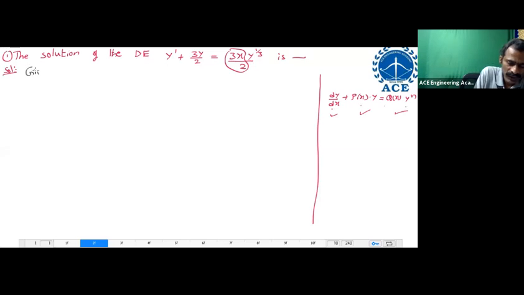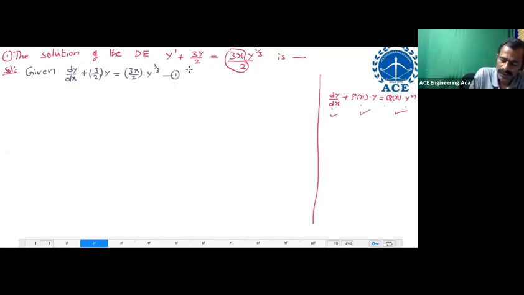First, write the given equation. Given dy by dx plus 3 by 2 into y equal to 3x by 2 into y power 1 by 3.